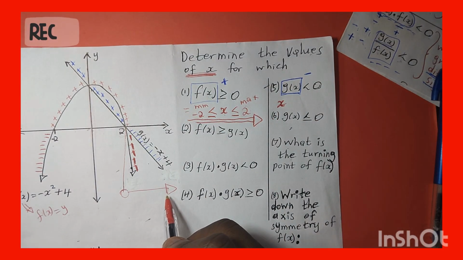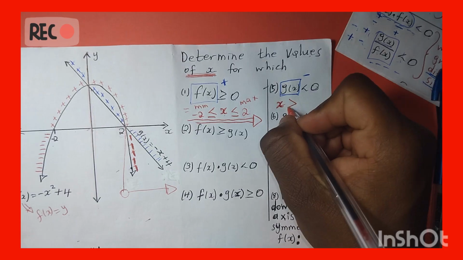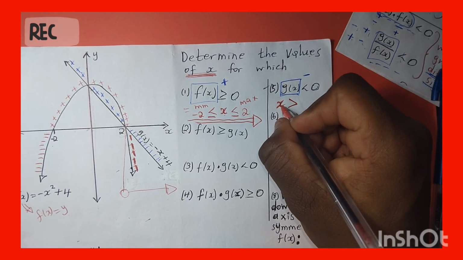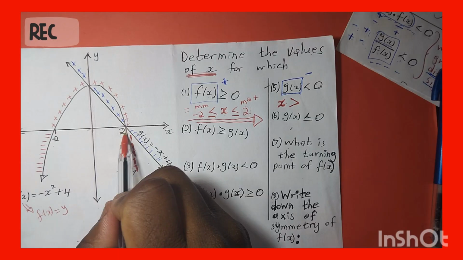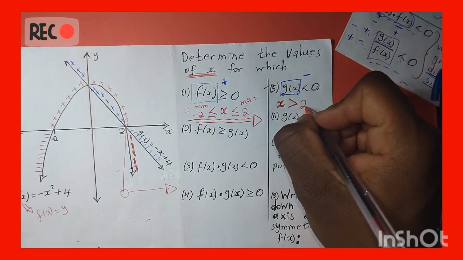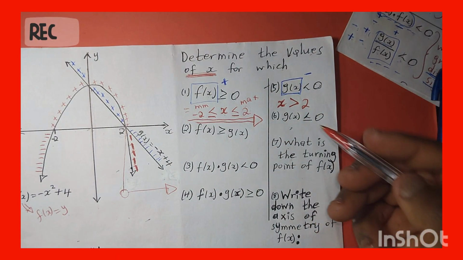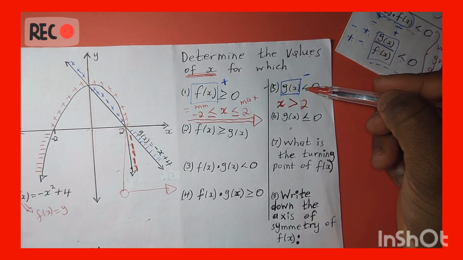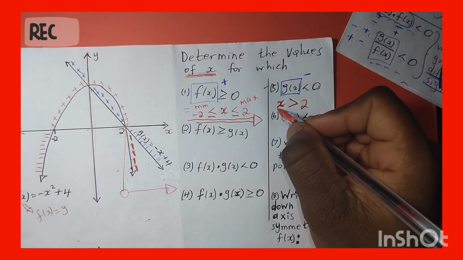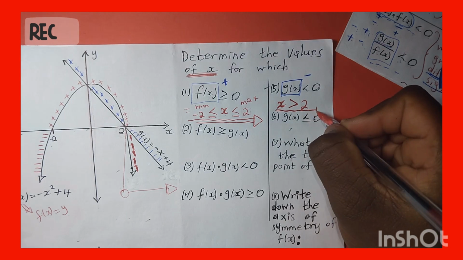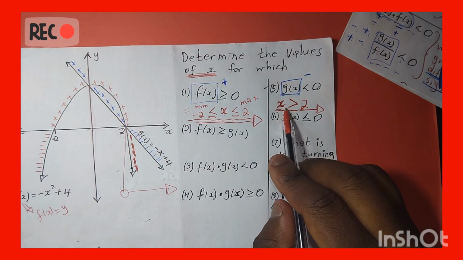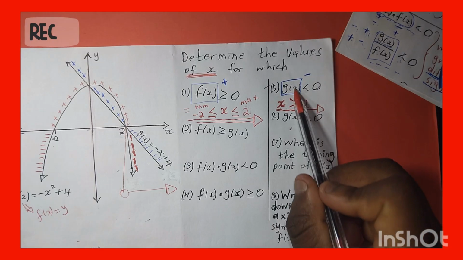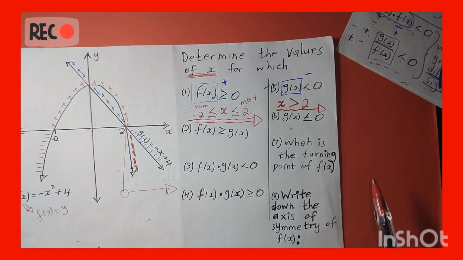That arrow is pointing on the right hand side, referring to that value of 2. And no need for me to put equal there, because this question doesn't have equal. This is the final answer. What does that answer mean? It means for all the values of x which are greater than 2, the graph there will be negative.